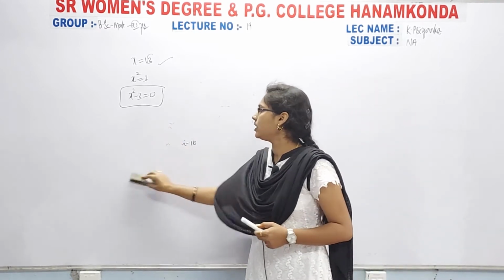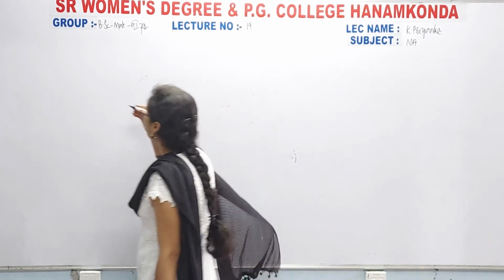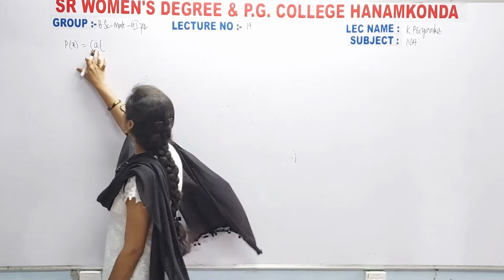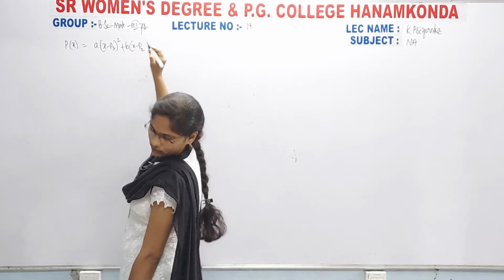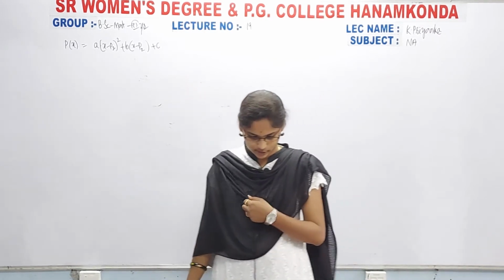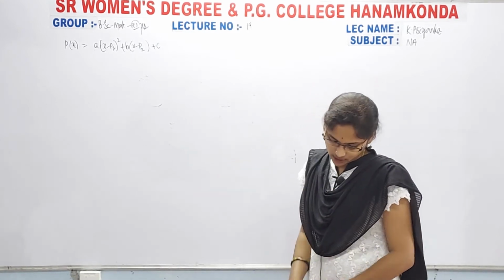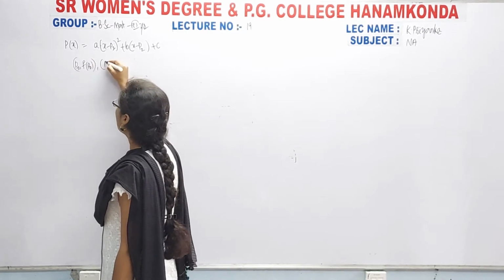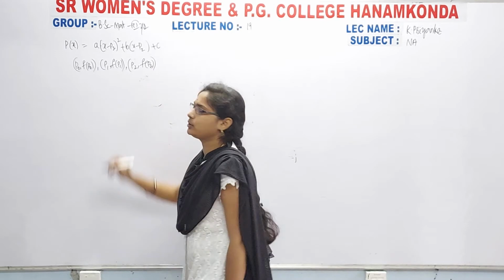Muller's method begins by considering p of x equal to a of x minus p2 whole square plus b of x minus p2 plus c, a quadratic equation, that passes through p naught comma f of p naught, p1 comma f of p1, and p2 comma f of p2, up to p2 only.